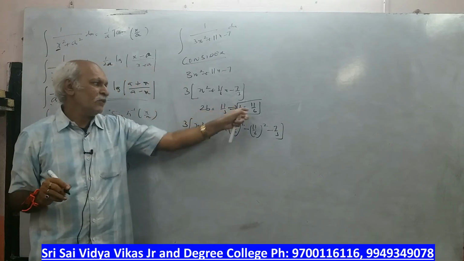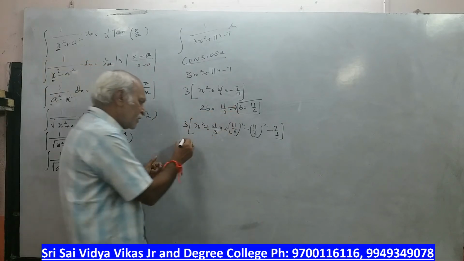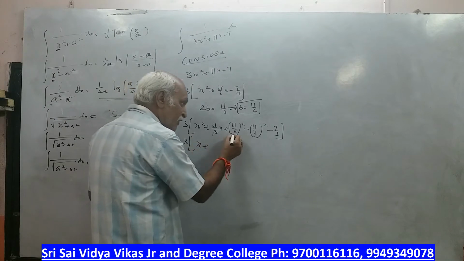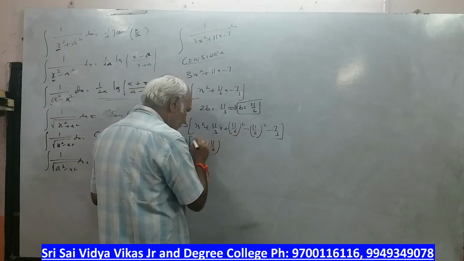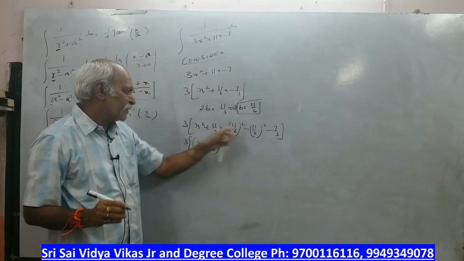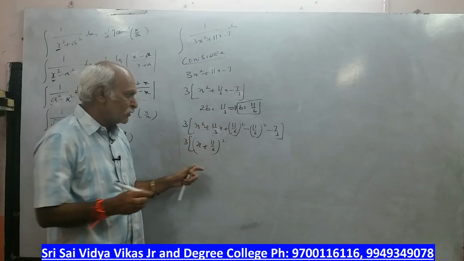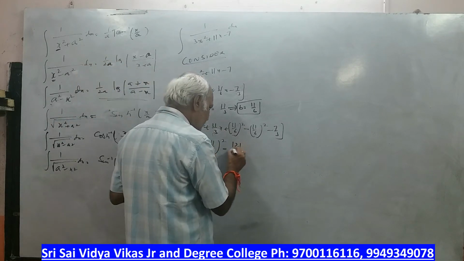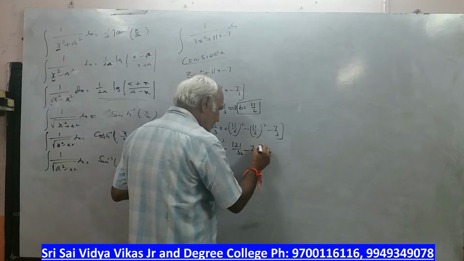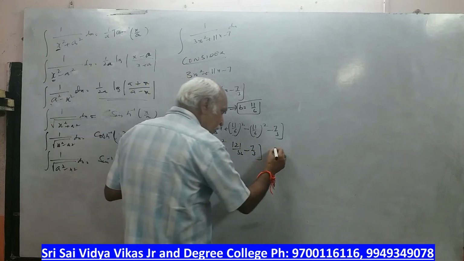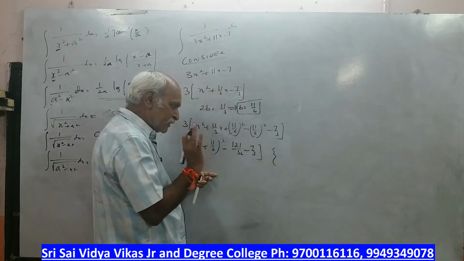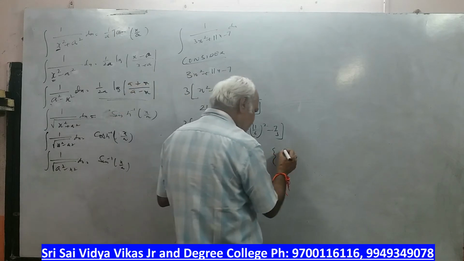So whatever b value we got, add. Now when I am writing here, look here. What we have added, you should write here. a² + b² + 2ab, (x + 11/6)² − 7/3. Now again, I am putting a flower bracket. Listen here, this method you have to remember.